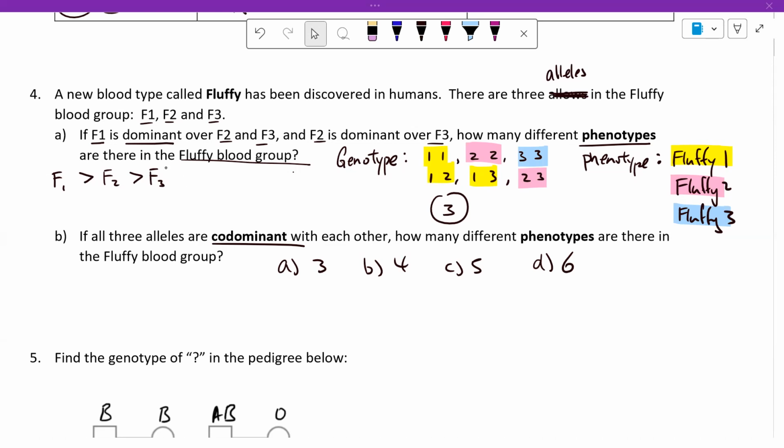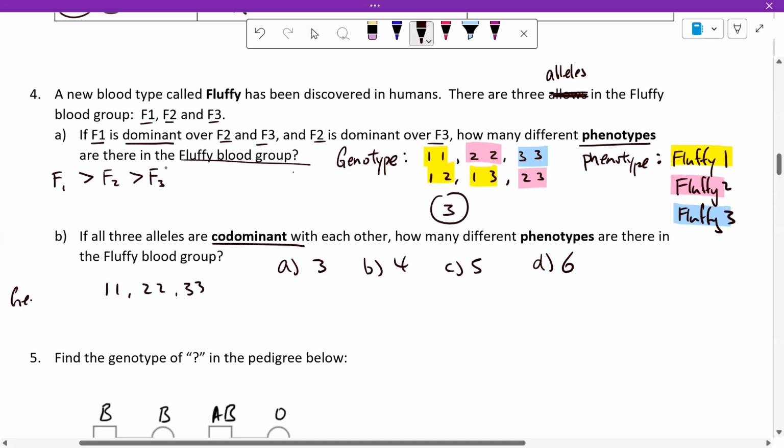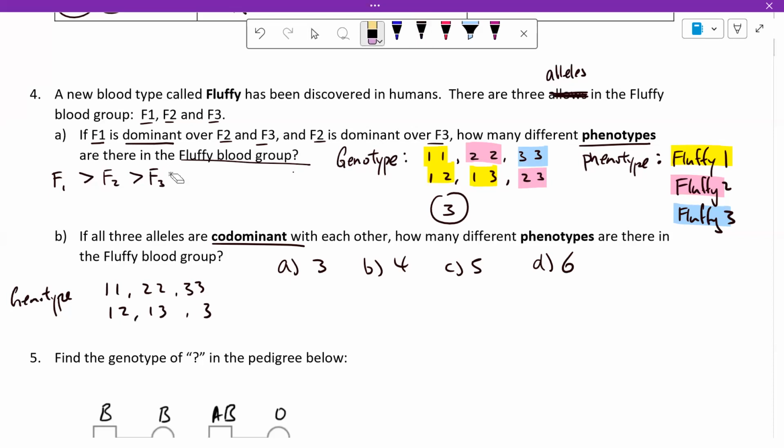In this case, all 3 alleles are codominant with each other. So I have 1, 1, 2, 2, 3, 3 like before. The genotype doesn't change. It's the phenotype that's going to change. All of them are going to be different: fluffy 1, fluffy 2, fluffy 3. And then this one is fluffy 1, 2, fluffy 1, 3, fluffy 2, 3, because they're codominant.